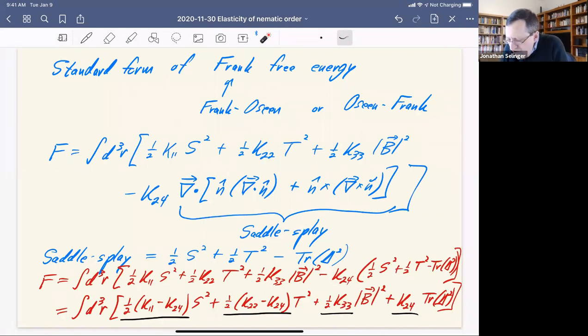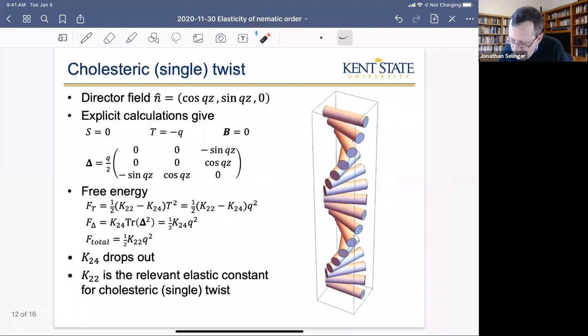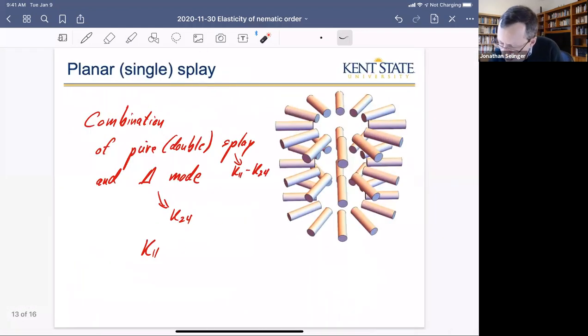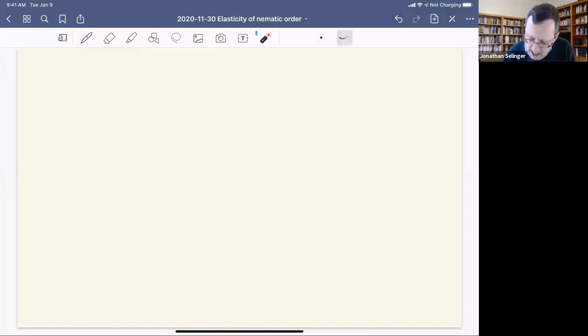There are certain liquid crystals which seem to have an instability to the formation of double twist. This is a family of liquid crystals which are studied in the laboratory of Professor Lavrentovich, okay? And these are what are called lyotropic chromonic liquid crystals.